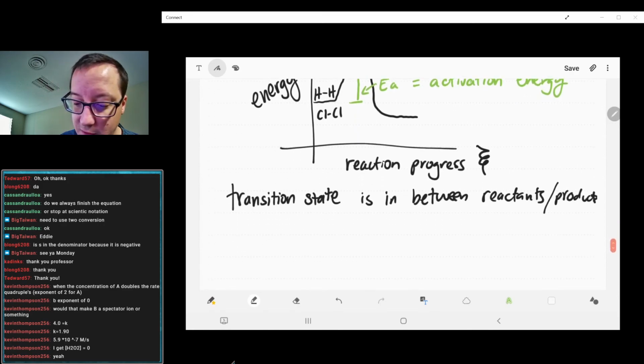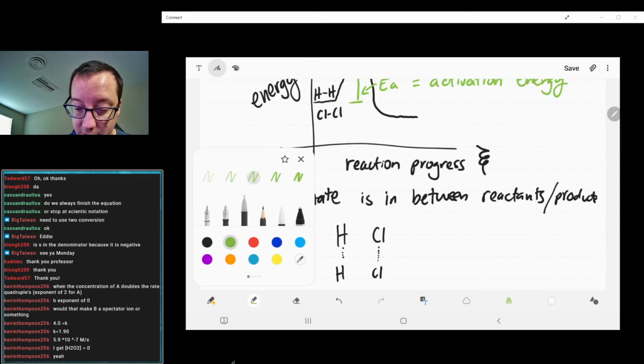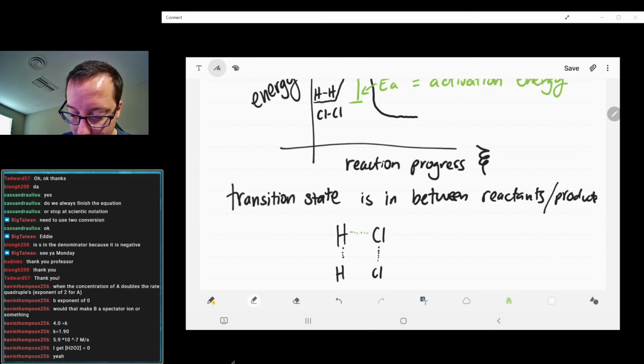So here the transition state might be where we have our individual bonds breaking and our new bonds forming. So somewhere in that process. The bonds are partially formed between the new atoms, and the bonds are partially broken in between the old pairs. And so maybe this would be our transition state, for example.